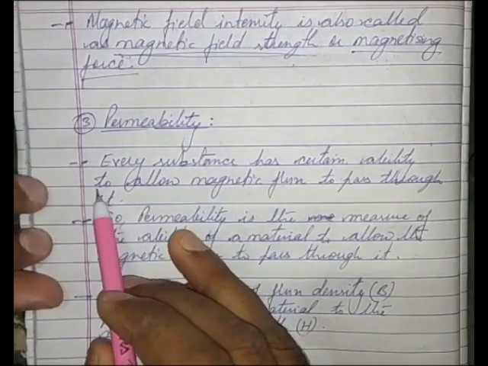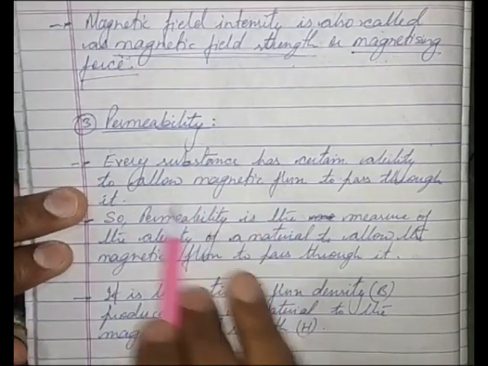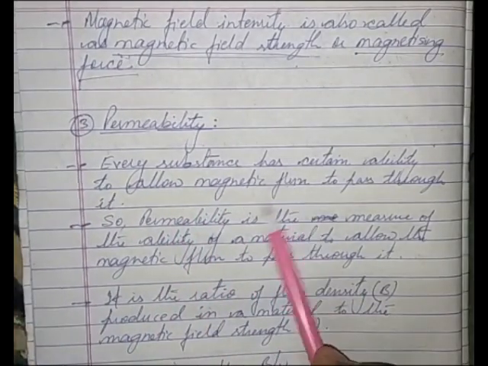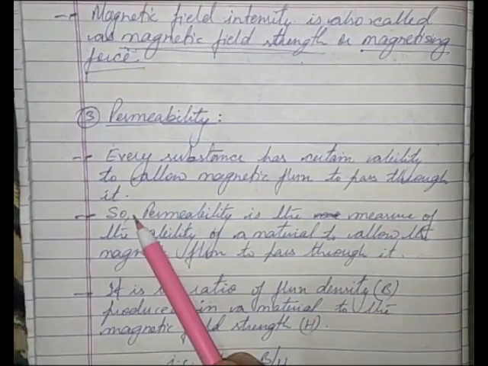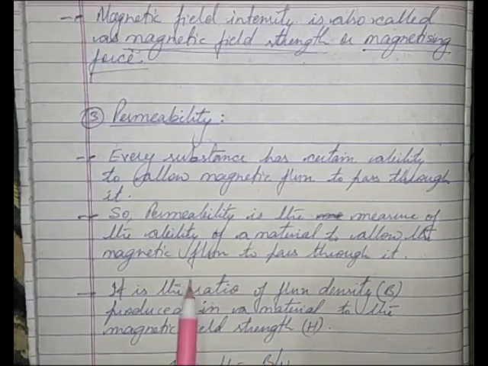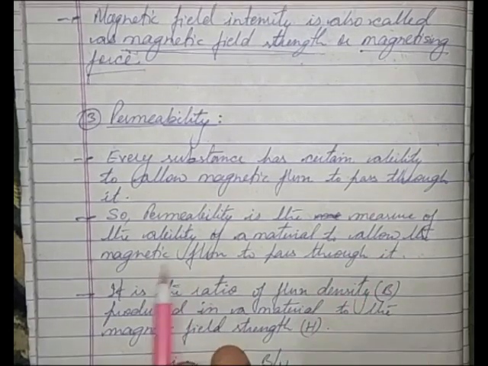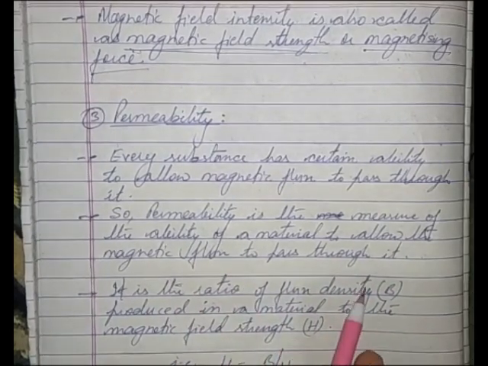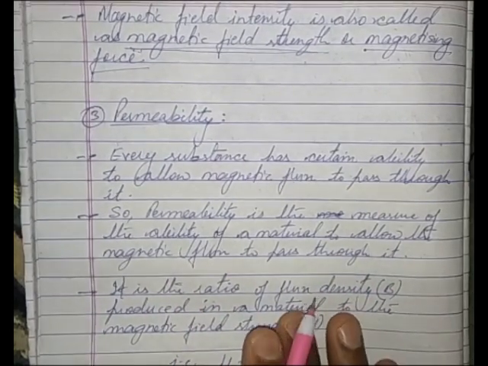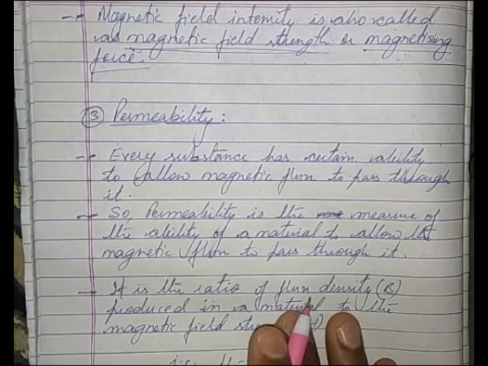The next term is permeability. Every substance has a certain ability to allow magnetic flux to pass through it. Permeability is the measure of the ability of a material to allow the magnetic flux to pass through it. The amount of magnetic flux passing through a material depends upon how that material allows the flux to pass.